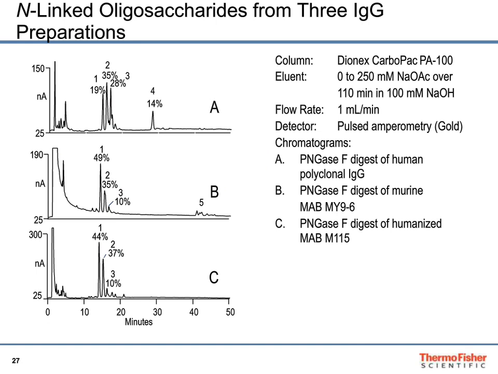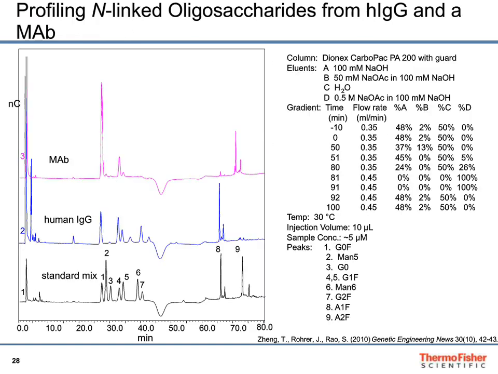But what we did about 4 years ago is publish some work where in this case, we've dropped the sodium hydroxide concentration to 50 millimolar in the separation, and we're resolving these peaks that I've labeled G0F, MAN5, G0, and I'm going to describe what they are in the next slide. We've been able to resolve those peaks, and specifically, if you look at peaks 4 and 5, is a compound called G1F, and I'm going to show you what those compounds are in the next slide.